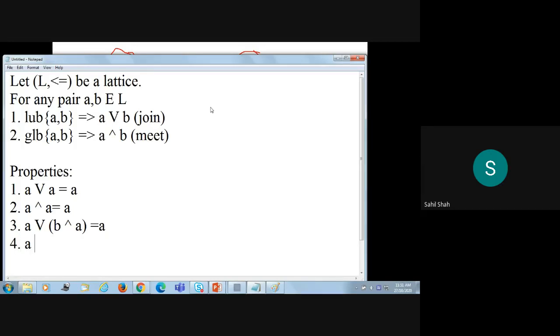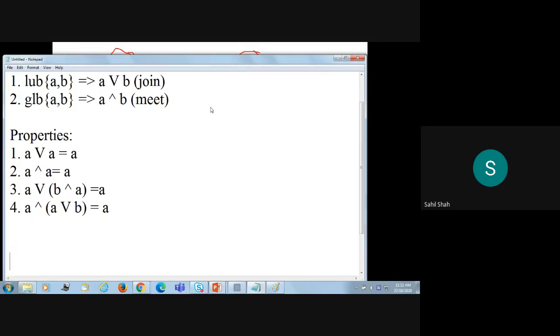If I take A meet A join B, this will also give you A using the law of absorption. You can cross check with the help of any sample example. You have to take out the elements accordingly, and this holds true for associativity as well. A join B join C is equivalent to A join B join C. Change of order doesn't affect the final result.